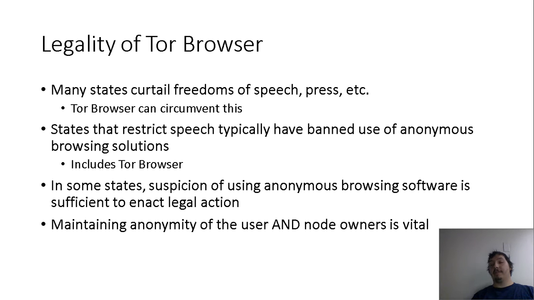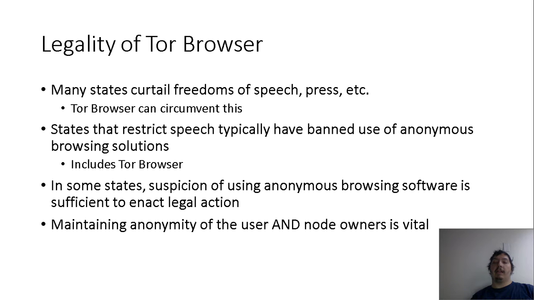States that typically restrict speech have also restricted the use of anonymous browsing tools, including Tor browser. And in some states, if I remember correctly, Iran is one of the examples used for this, simply being suspected of using anonymous software like Tor is enough to have you arrested.